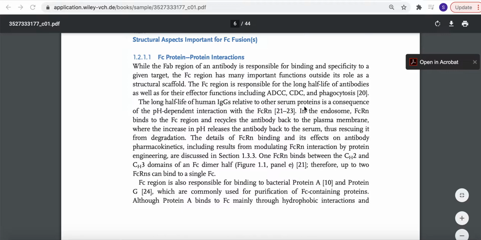The long half-life of human IgGs relative to other serum proteins is a consequence of the pH-dependent interaction with the FcRn in the endosome.